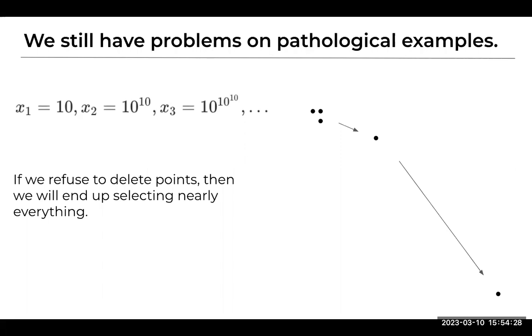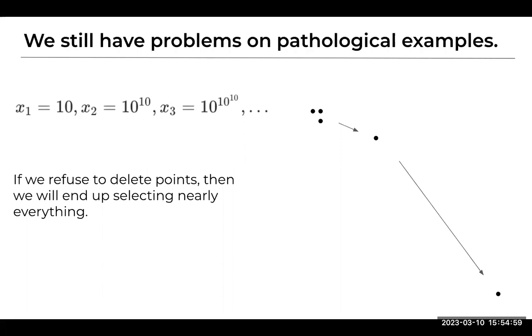When you have points that are super far away, any reasonable clustering algorithm will say, this is a really important point, it's not like anything we've seen before, so we should probably select it. Because we're trying to hoard things and not delete points, you're going to hold on to every point that's really far away from points that came before it. This is not a problem in terms of your loss function. This is a problem with your other goal, which is you don't want to select too many centers.